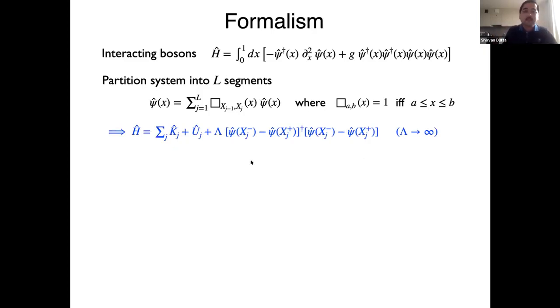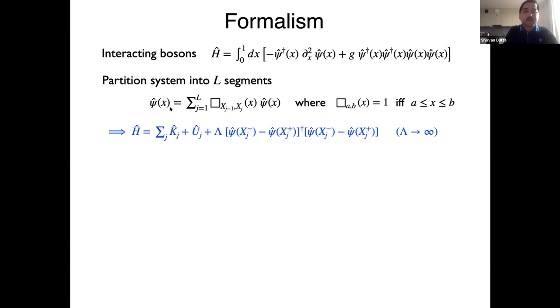So the idea is that you partition this field operator psi(x) into a bunch of segments. So L segments, which are indexed by this index j. And the square here is just a box function. So it is 1 when x is between these limits and is 0 otherwise.